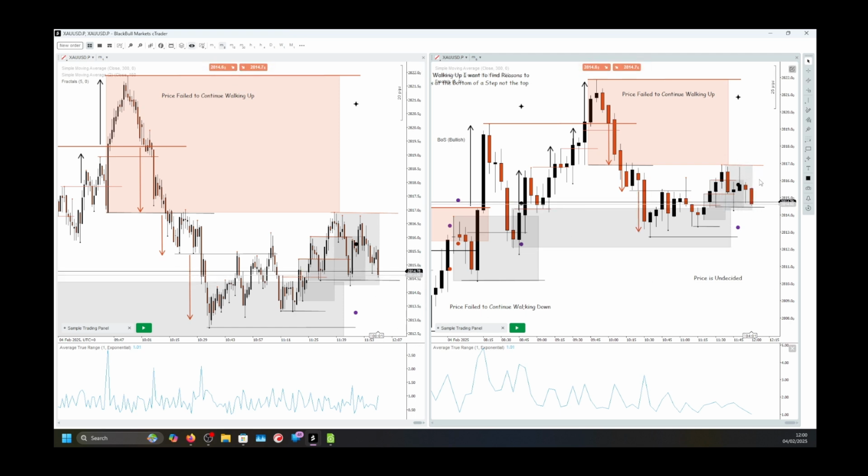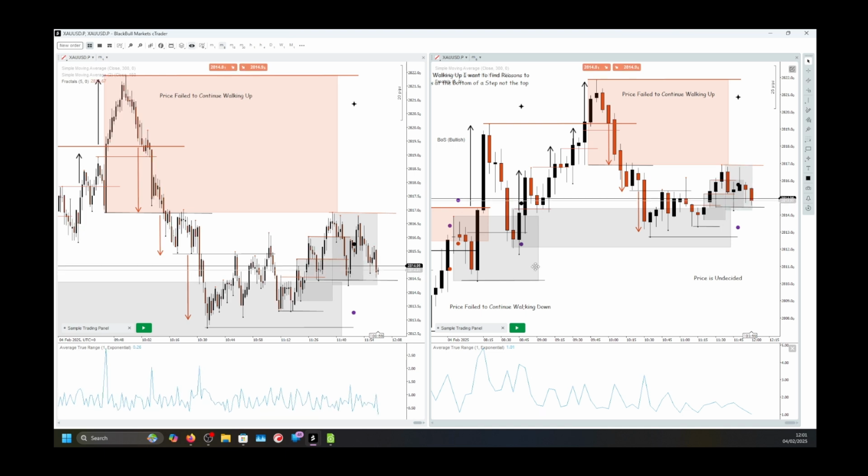Like I said, it's just dependent on whether this low holds or not. When you can see a 5-minute chart, you've got this bullish candle here, so it gives you more clarity on entering on a 1-minute chart.